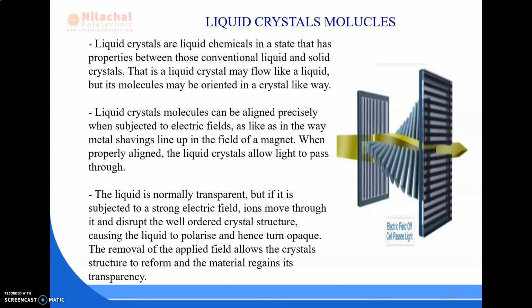When properly aligned, the liquid crystal allows light to pass through. The liquid is normally transparent, but if it is subjected to a strong electric field, ions move through it and disrupt the well-ordered crystal structure, causing the liquid to polarize and hence turn opaque. The removal of the applied field allows the crystal structure to reform and the material regains its transparency.